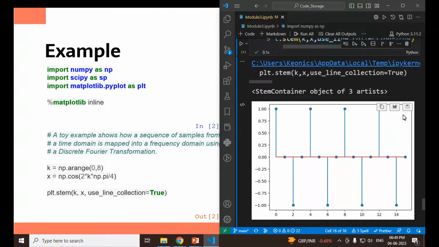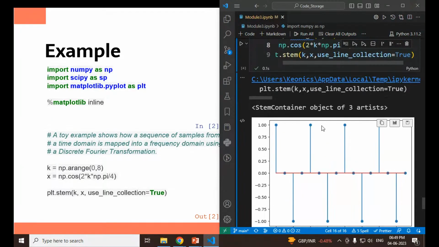270, sir. Then 360. Okay, so whenever you're making it pi by 4, you're actually making that 45 degree change in terms of the points. That's why these points are coming, but there will be points available to connect with this.